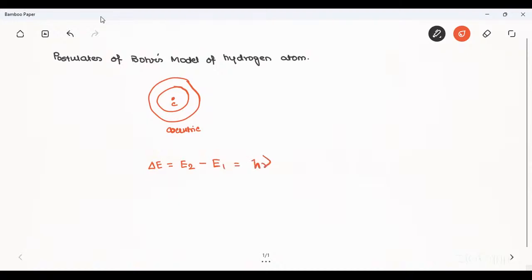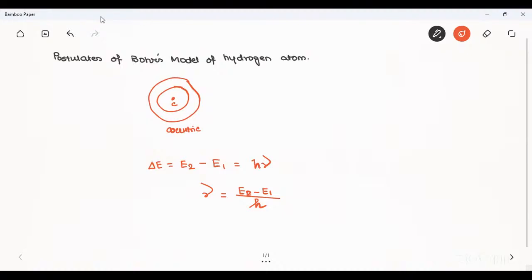And the frequency of the radiation absorbed or emitted is nu, which is (E2 minus E1) by h, where E2 and E1 are the energies of the higher and lower energy states.